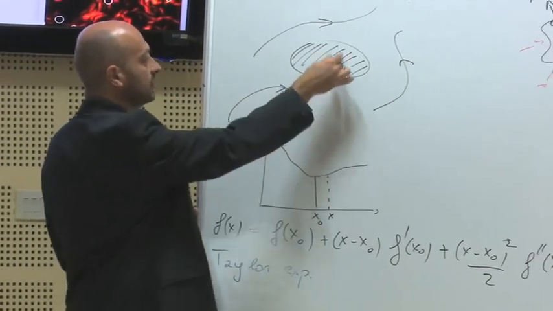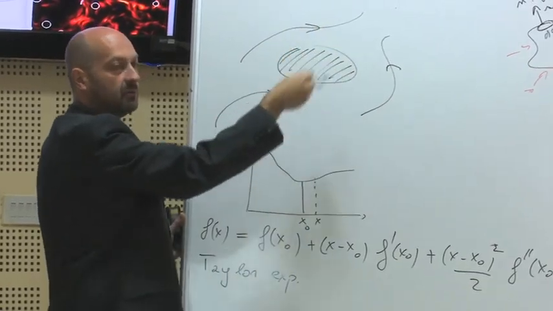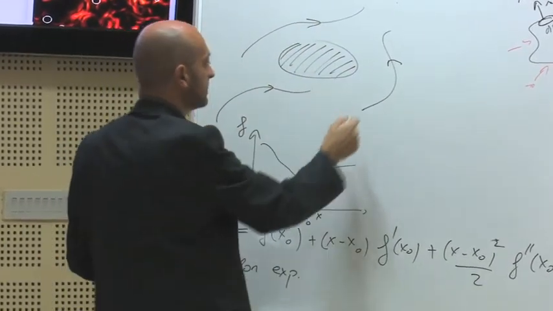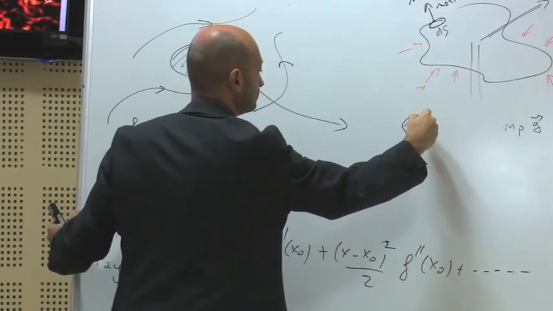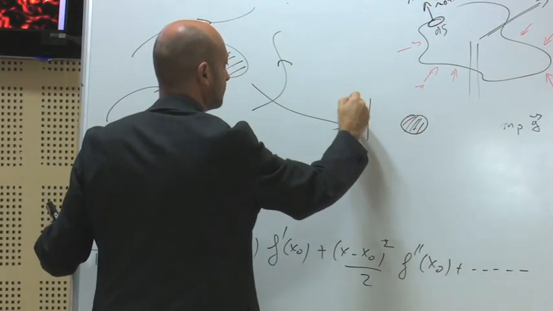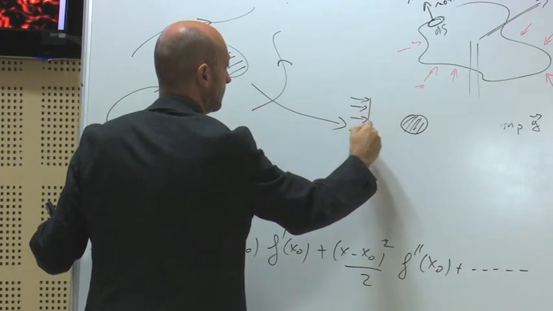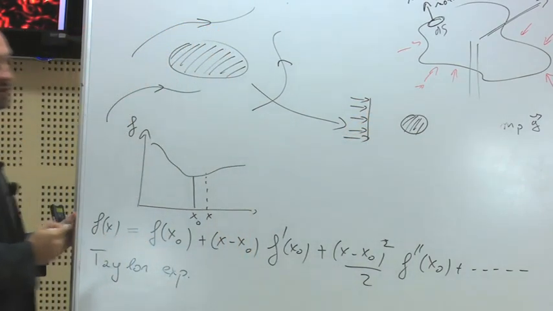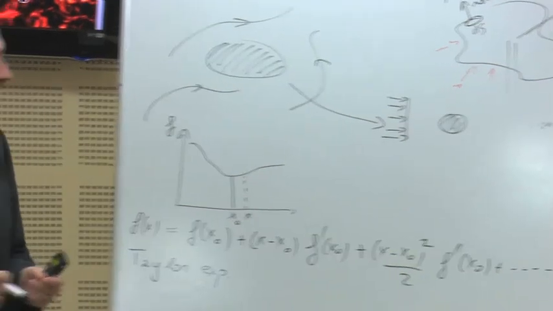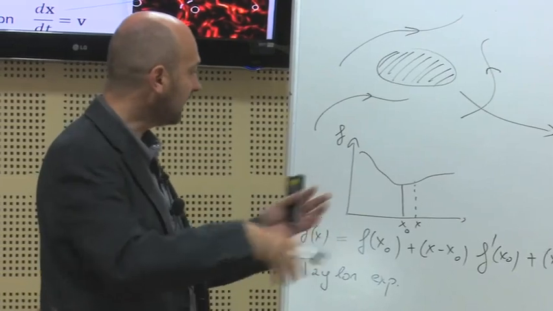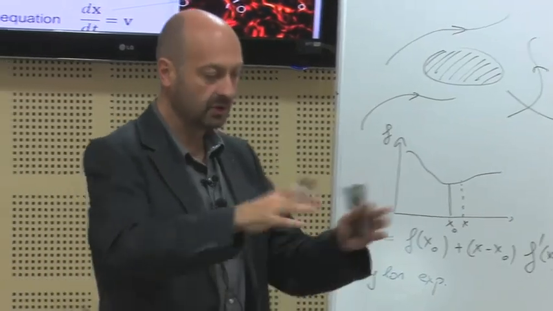So I have a particle which is moving in a flow, and the flow is very complex. I'm going to say that this particle actually is going to experience a first effect, which is a constant flow. Okay, the flow is very complex. You have many vortices around the particles.